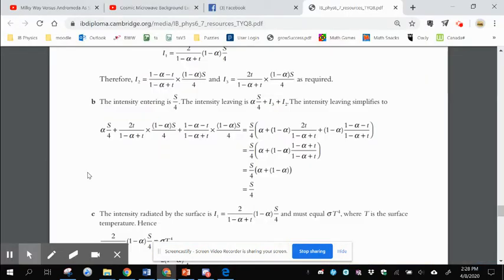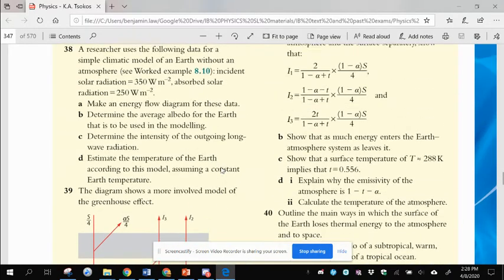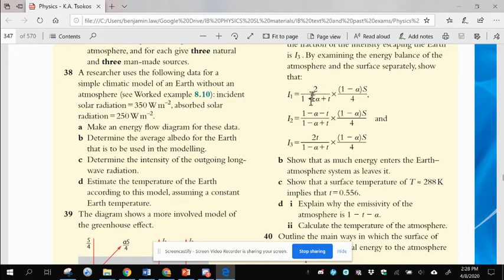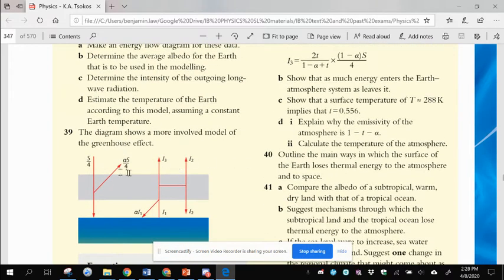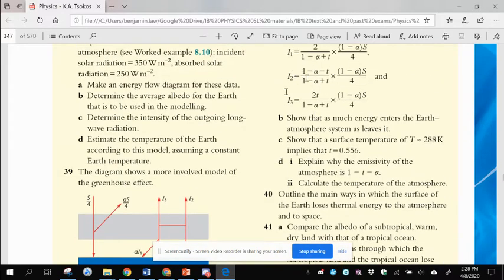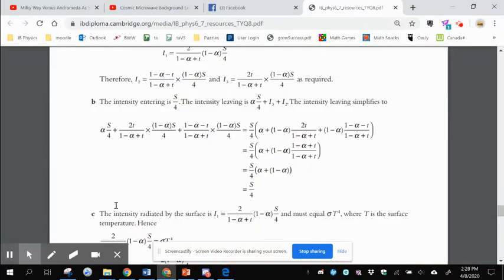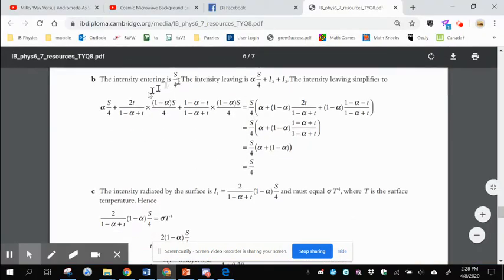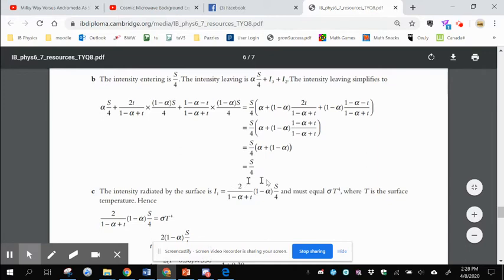And if you use the previous representations, I1, I2, I3, for this, so this is I2 and I3. If you replace I2 by this representation, and replace I3 by this representation here, and this is S over 4 times alpha, that's what we have here. This is basically, again, a big manipulation math problem.